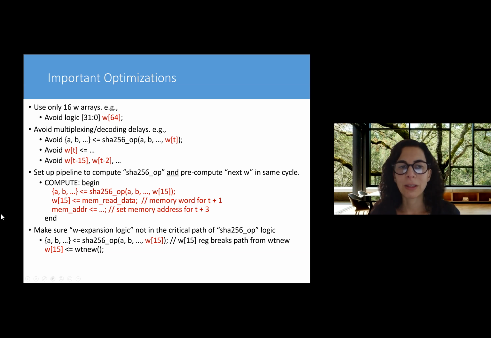And then every time we read this memory word for the T that we are at, we set the memory address to T+3. That helps us, because every time we are reading, we only read that portion of the memory that is used for that cycle of computation, and we are not trying to multiplex everything in this huge 32-bit by 64-bit function and use it.